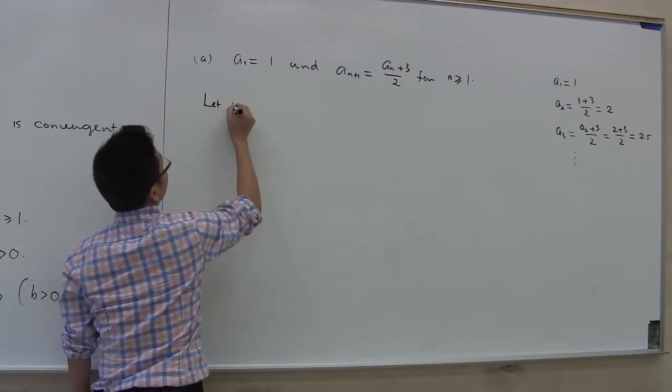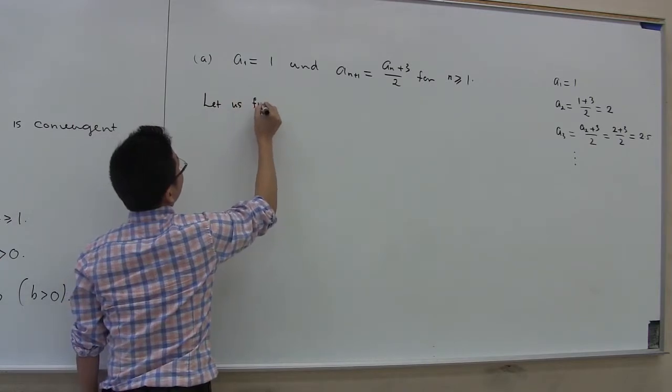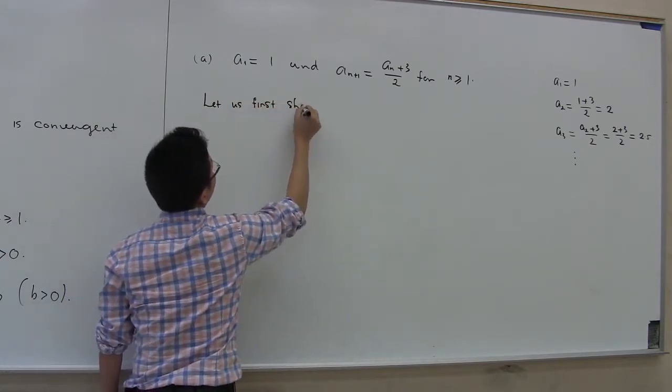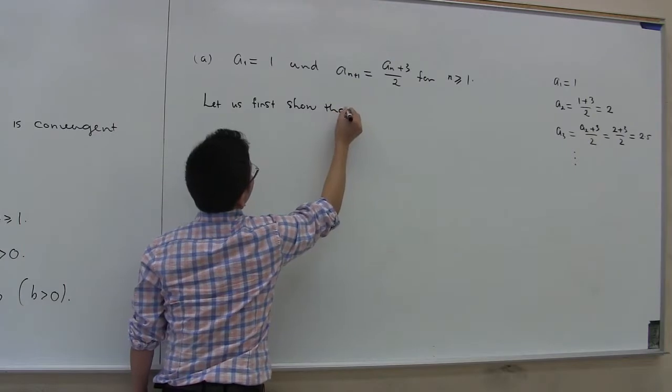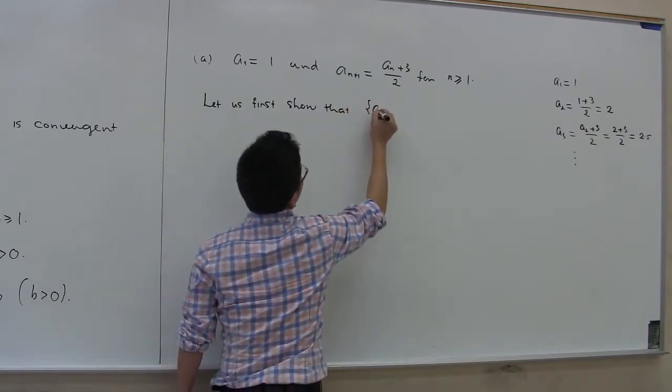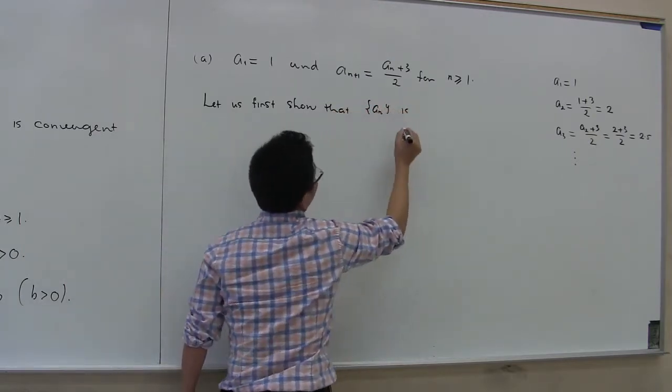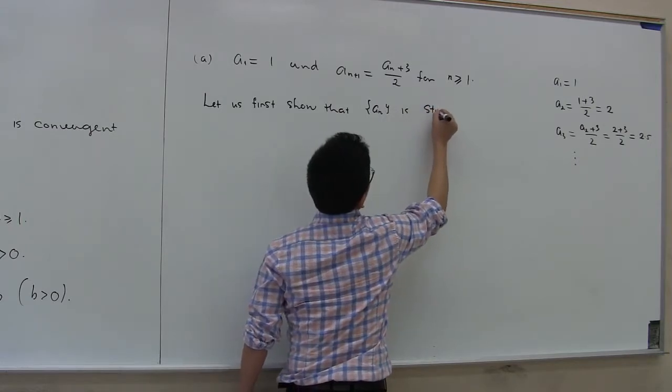Let us first show that a_n is strictly increasing.